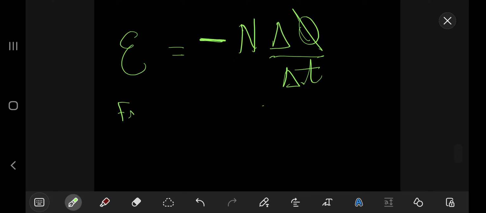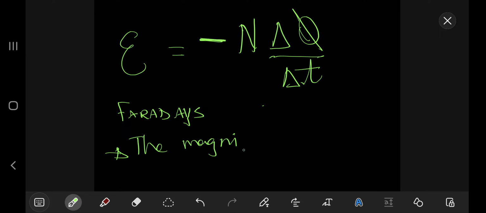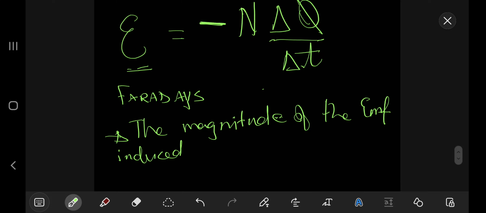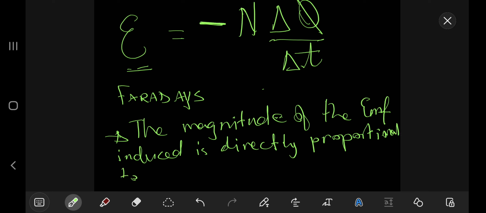So this is Faraday's law. So what is Faraday's law? It states that the magnitude of the EMF induced is directly proportional to the rate.